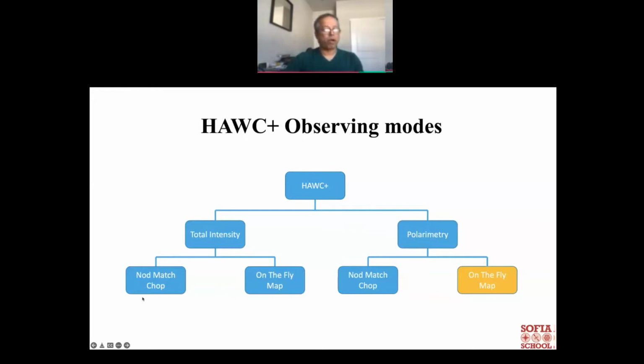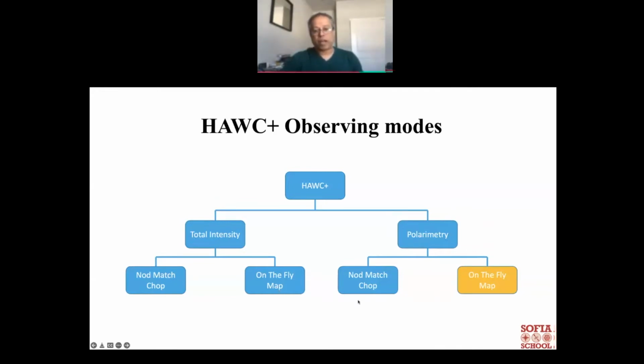One of them is called NORMAC CHOP, which is a standard infrared or far infrared observing technique where you nod the telescope along the chop direction and combine the data to get your intensity measurements. Or you can do an on-the-fly map where you move the telescope continuously across an astrophysical source and gather data from there, again to measure your total intensities.